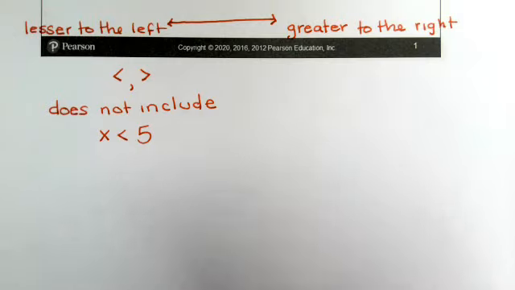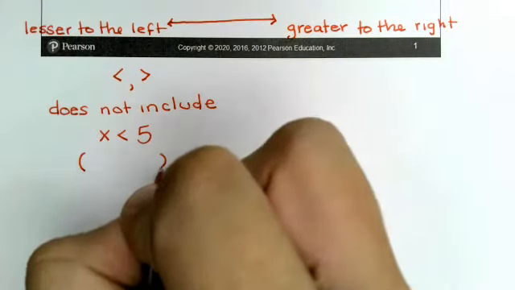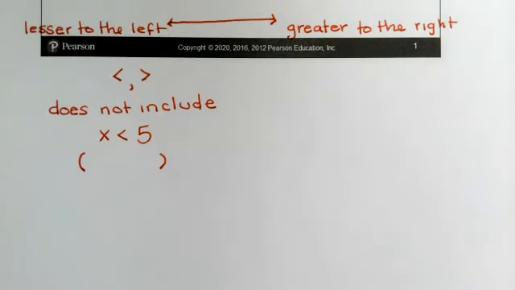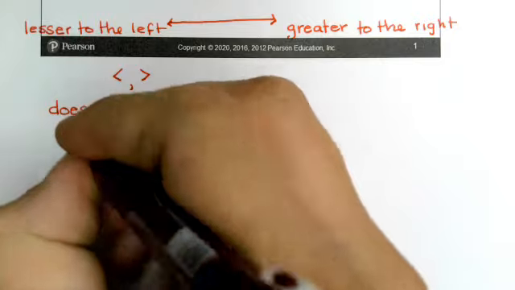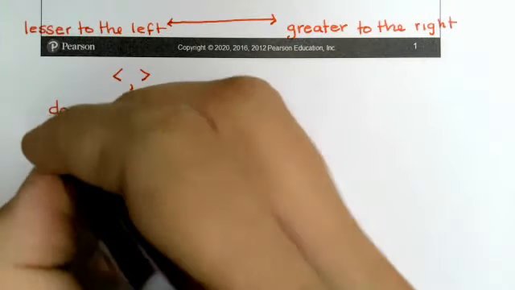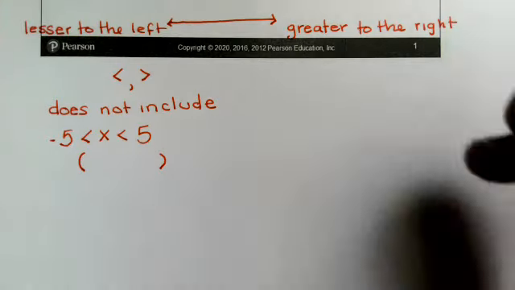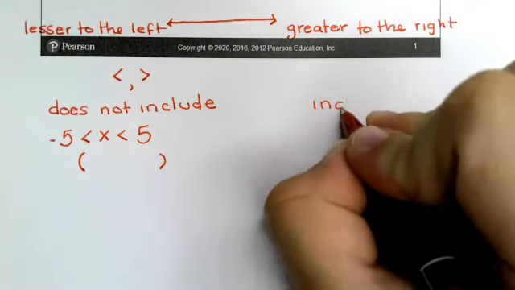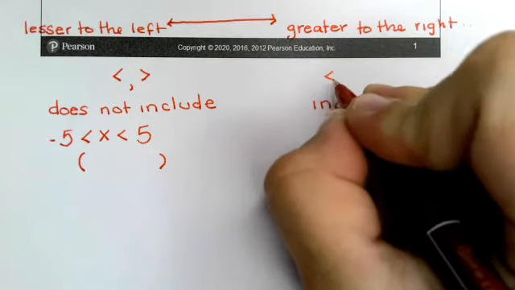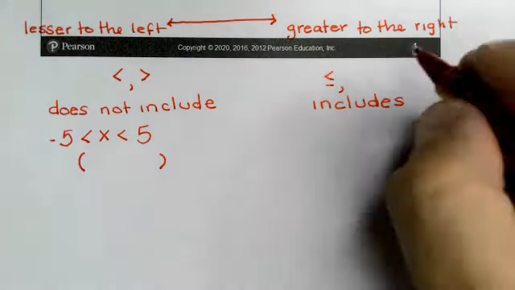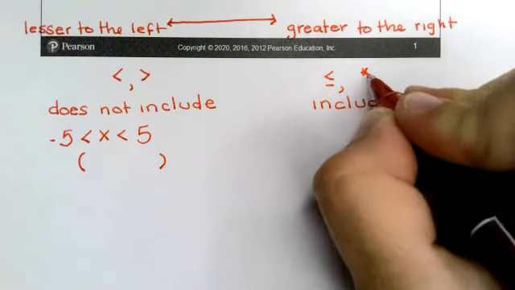So for does not include, we're going to use just the parentheses. All right, so either of these would be does not include. And then includes would be less than or equal to. So it does include that number.